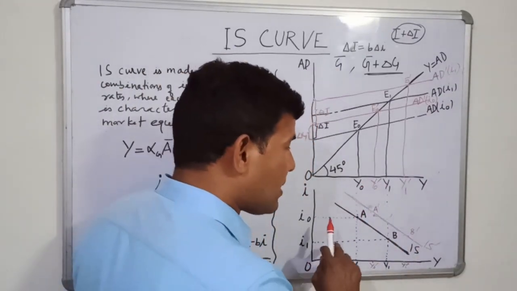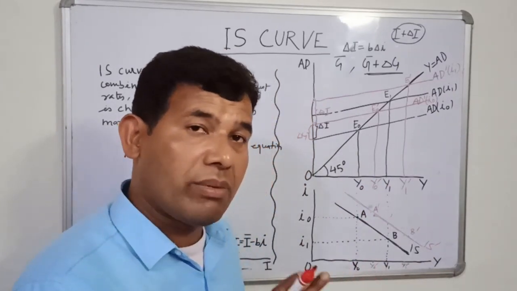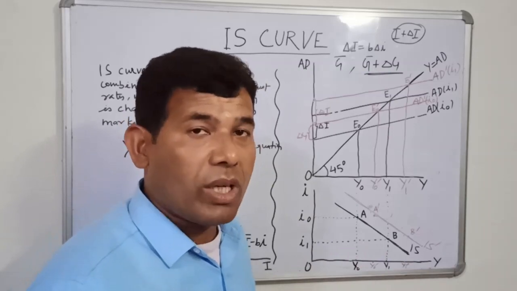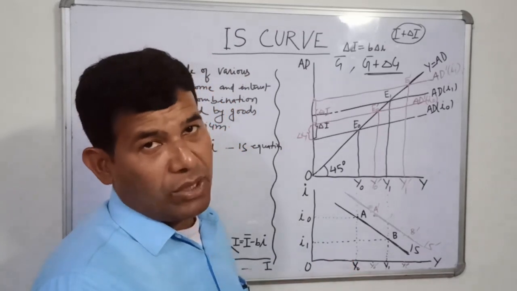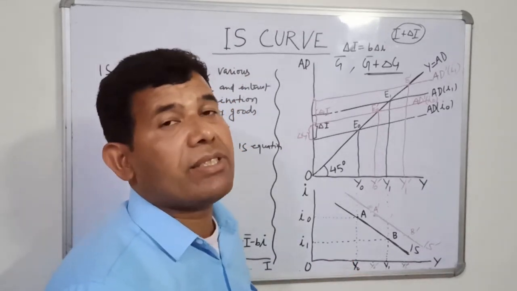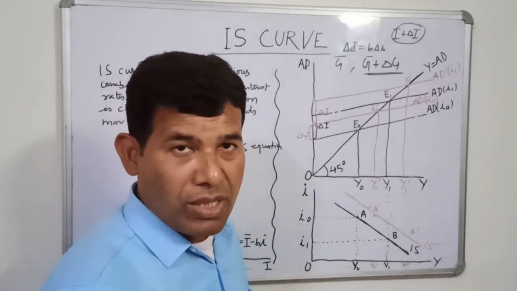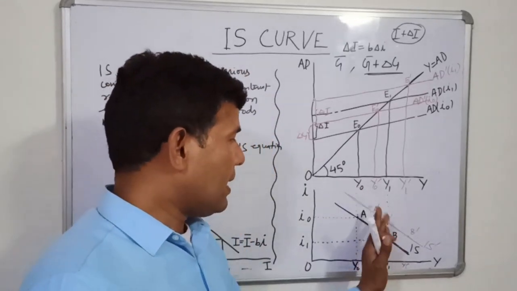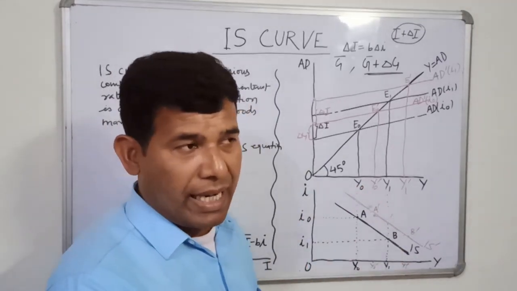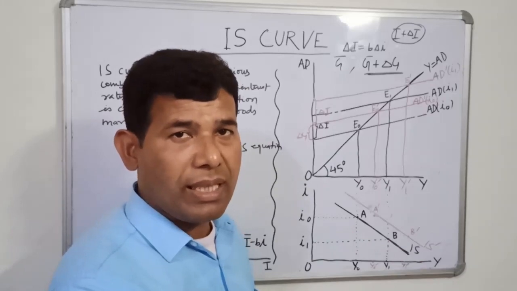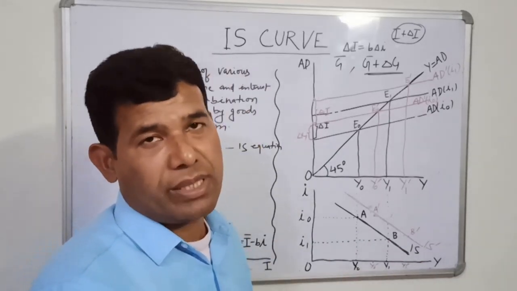Now why has the IS line shifted rightward? It has shifted rightward primarily because of the rise in government expenditure. What does it indicate? It indicates that when the IS curve shifts rightward, it stands for expansionary fiscal policy. Similarly, if government expenditure falls, what would happen? With the same logic, this IS curve will shift leftward. So the rightward shift of the IS curve stands for expansionary fiscal policy, and the leftward shift of the IS curve stands for contractionary fiscal policy.